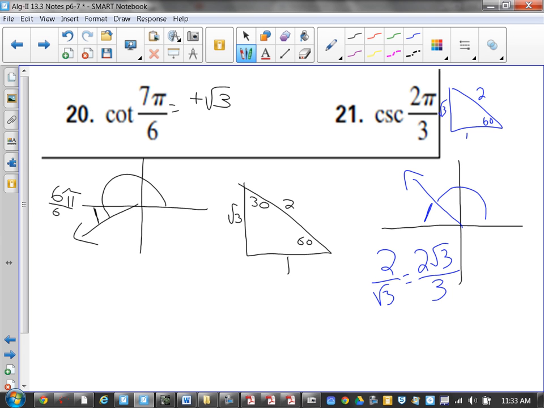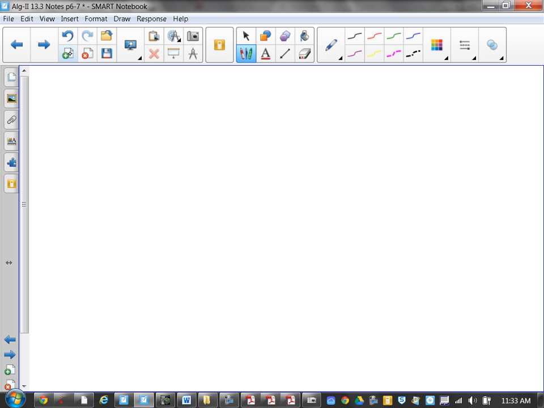When you're just looking at plain old X and Y, the quadrants go positive positive, negative positive, negative negative, positive negative. And remember, cosine is X, sine is Y. So whatever quadrant, every single time. But when it's cotangent or secant, then it's just the inverse. The sign stays the same.